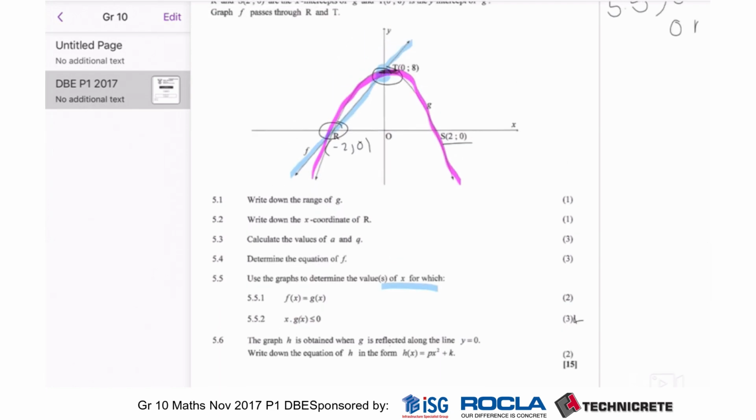And where that graph is less than or equal to 0, it's firstly between this point here, well, it's above where x is greater than 2. Okay. It's when x is greater than negative 2, so in this direction and in this direction.